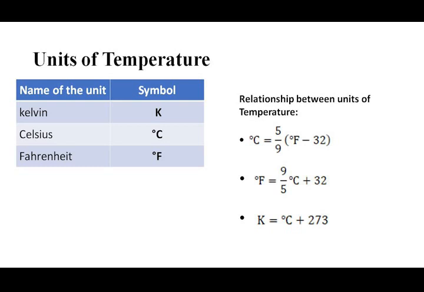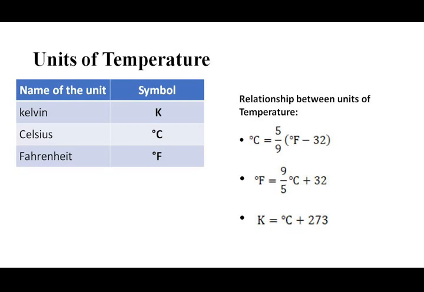So it is always in capital letter. Celsius and Fahrenheit both have degree, but K does not. Kelvin has no degree, and we don't say or write degree Kelvin. Just remember that. But for Celsius and Fahrenheit, we always say and write degree Celsius or degree Fahrenheit.